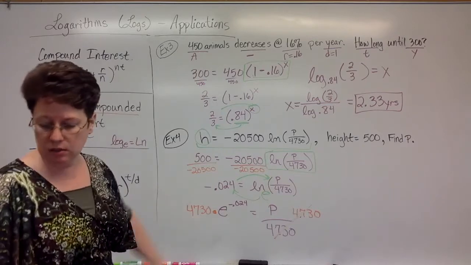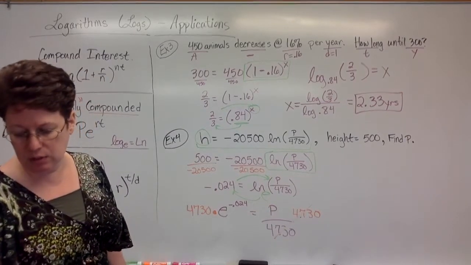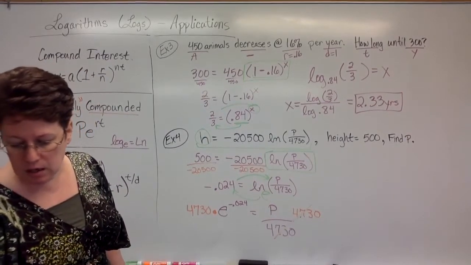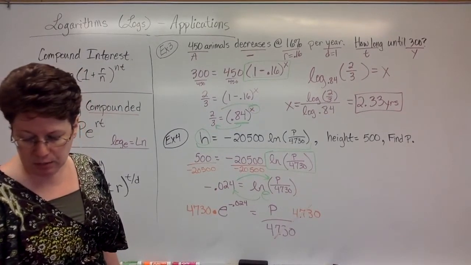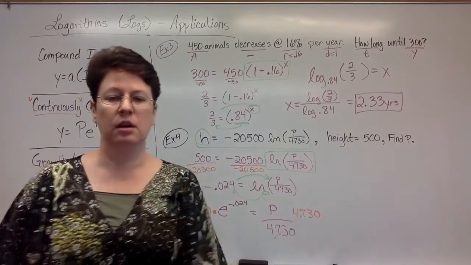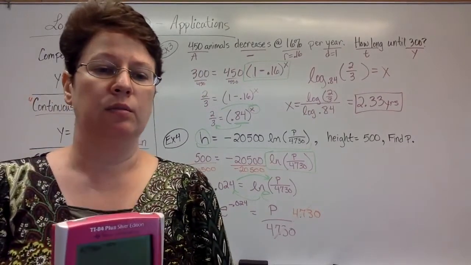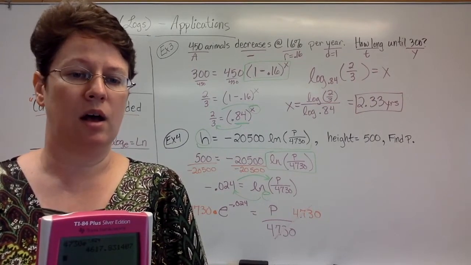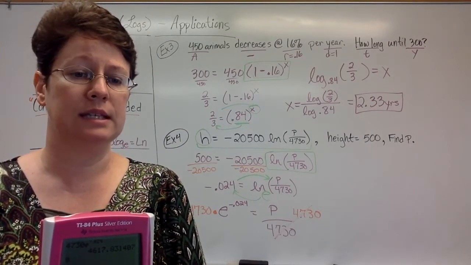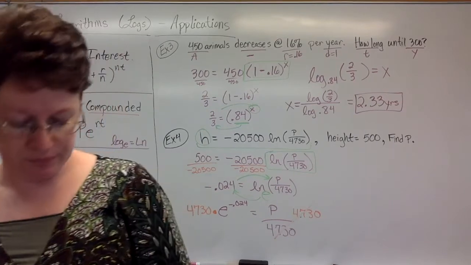Okay, let's plug that into the calculator. So I got 4730 E, that's second ln. The exponent is negative 0.024. All right, so that's what we got. We just plugged it into the calculator. We hit enter. Wow, 4617.83.